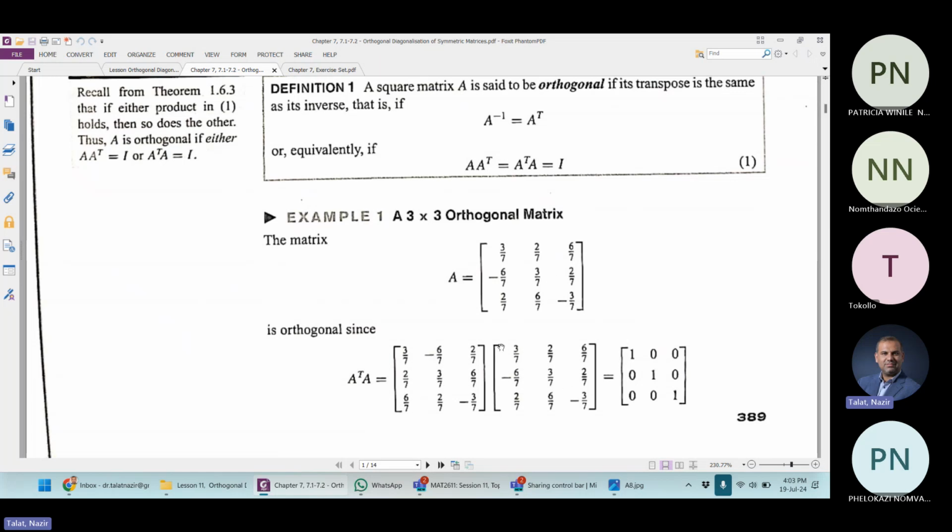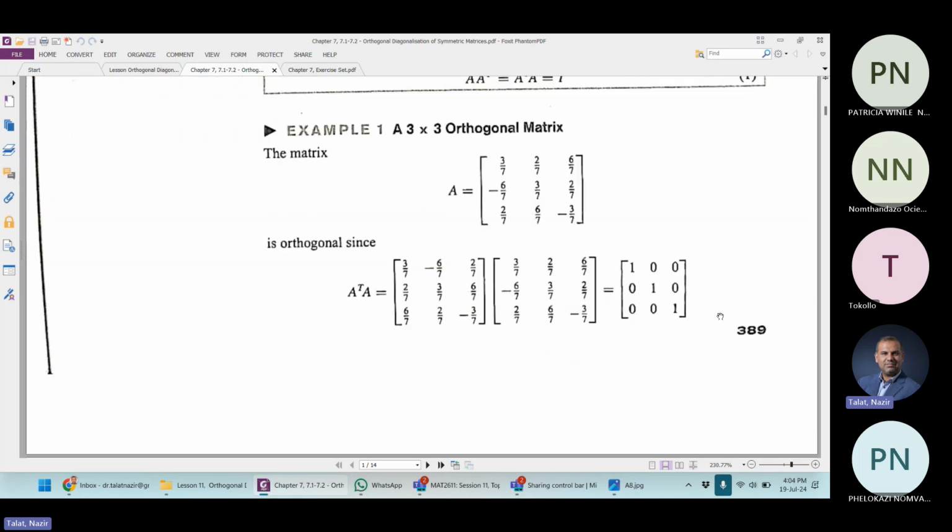When we multiply, the first row with the first column gives the first entry, the first row with the second column gives the second entry, similarly the first row with the third column gives the third entry, and the second row with the first column gives the next entry. This is the standard rule for the product, which I hope you know from your elementary courses. When you multiply them, we get the identity matrix.